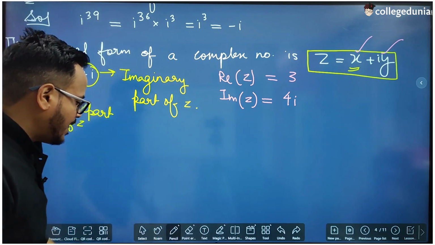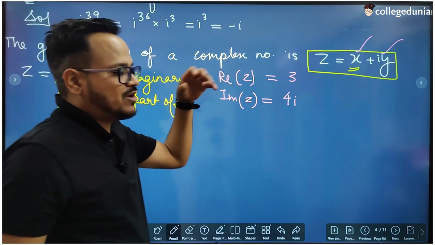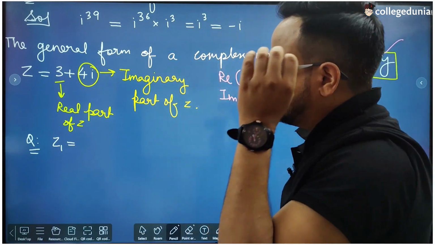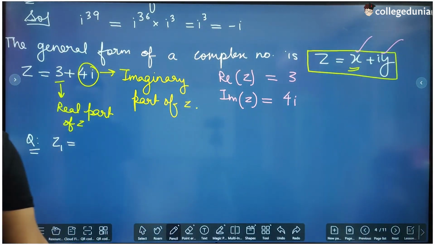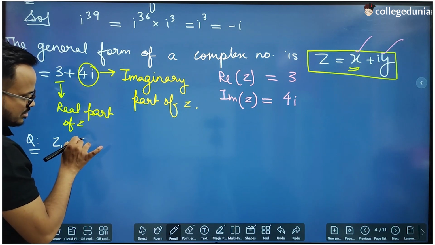Let us see how. We will see all this using two examples. Instead of writing everything in terms of x and y, we will just take two complex numbers and we will add them, subtract them, multiply them, and you will get to know how you can do these operations.